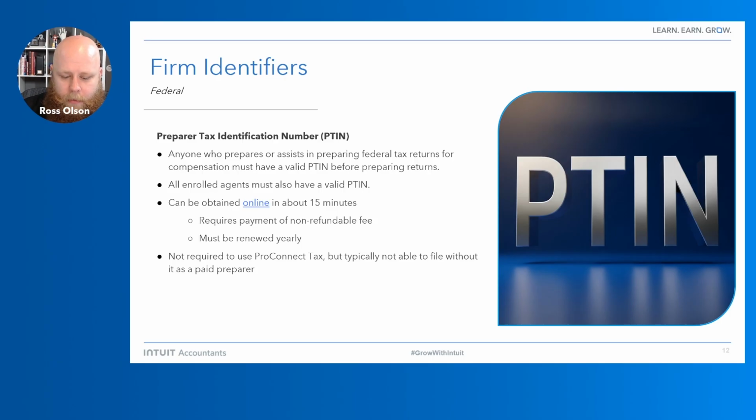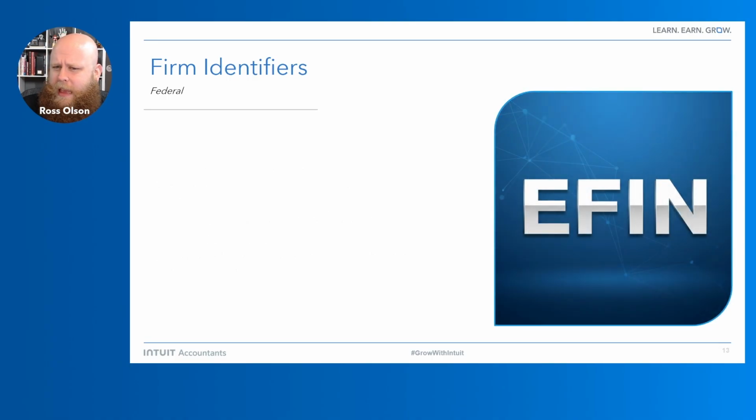And the third number that gets mixed up in these three, EIN, PTIN, the third is the EFIN. I've heard it different ways depending on who it is, but EFIN is the way that I will typically describe it. This is your electronic filing identification number.